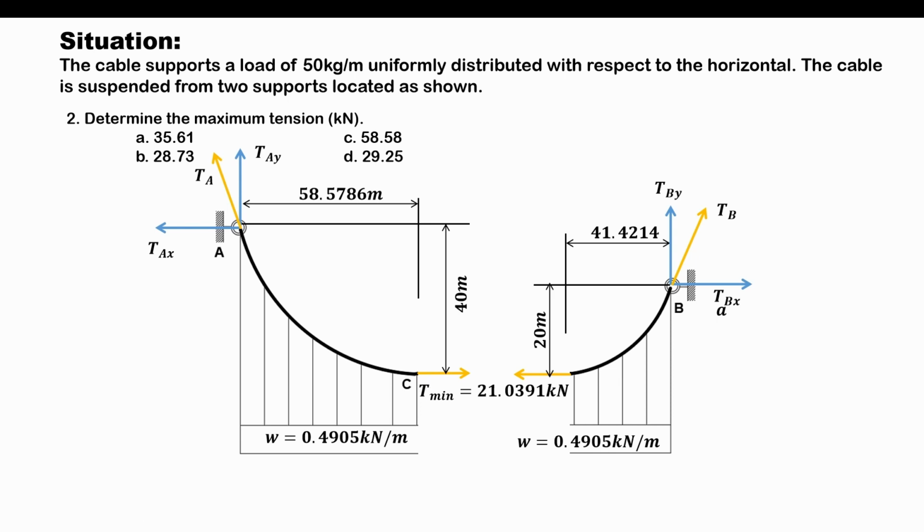Now, as discussed earlier, the maximum tension occurring in the cable would act on the point which is the farthest and highest relative to the vertex. And in this case, point A is the farthest and highest relative to the vertex.